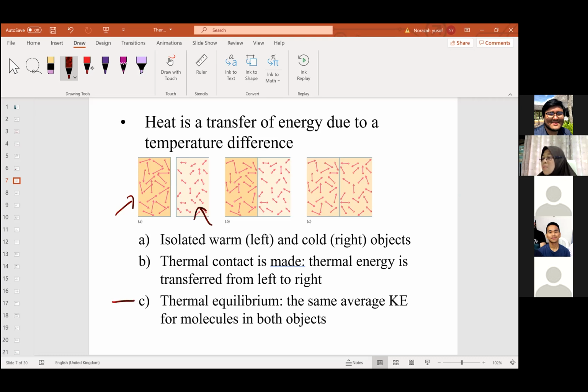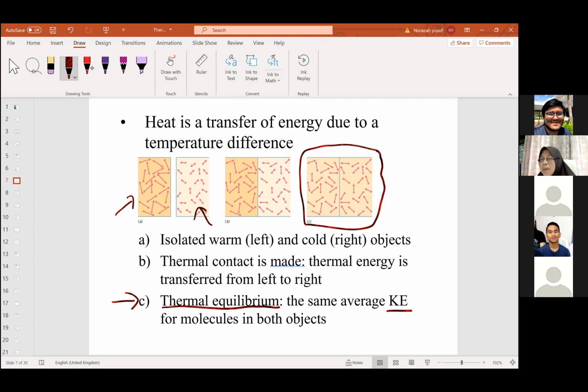until the system achieves equilibrium. So what happens is when the system achieves thermal equilibrium, there are other equilibria as well, like concentration. When it achieves equilibrium, you can see that the kinetic energy of molecules in both objects is now similar.